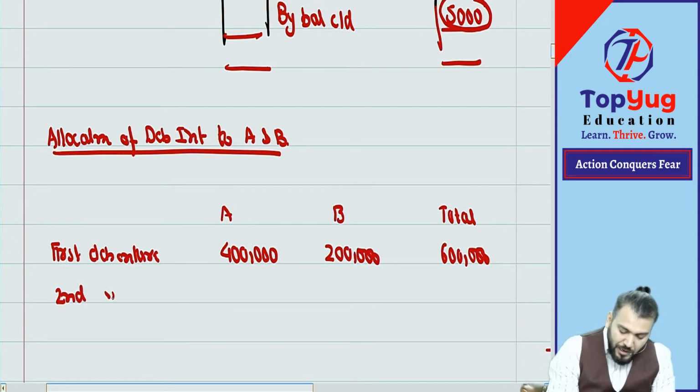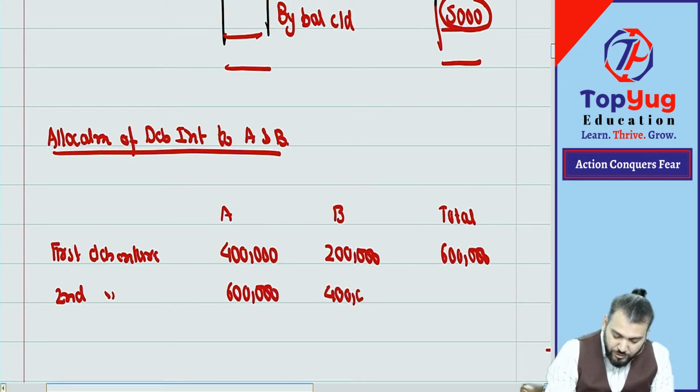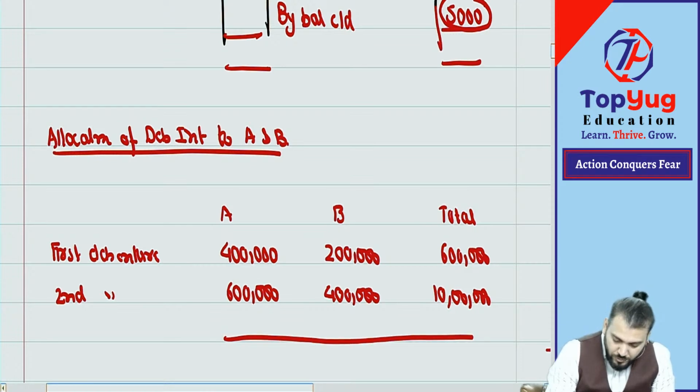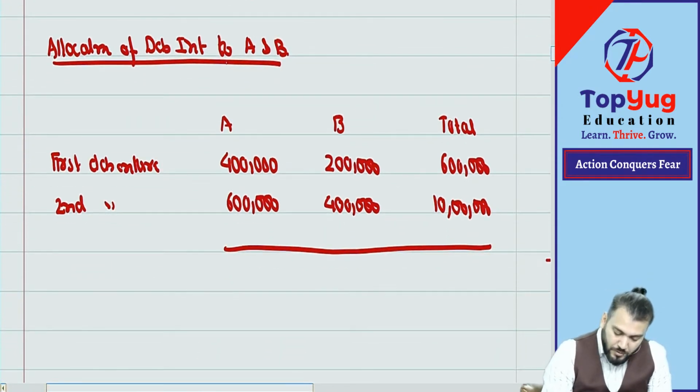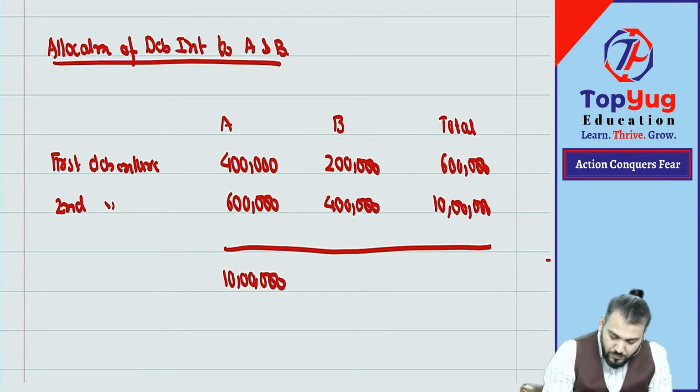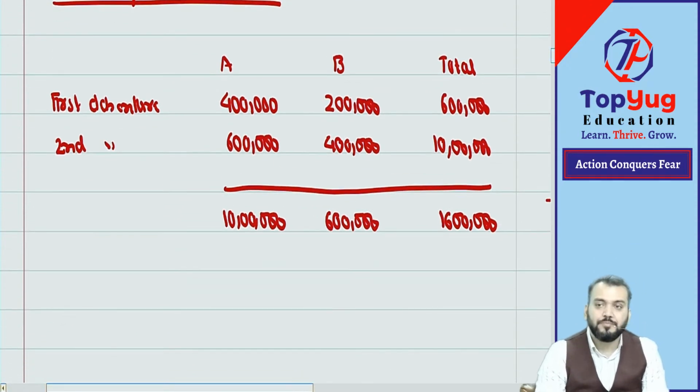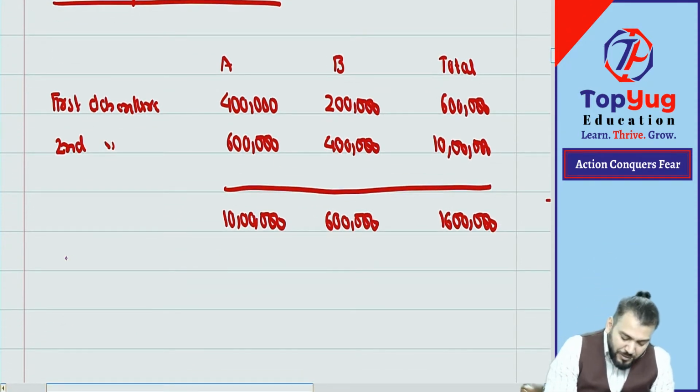Second debenture, A how much, B how much, total how much, 10 lakh. So this becomes how much? 10 lakh, 6 lakh and 16 lakh. Now because rate of interest is same, then it is very simple.